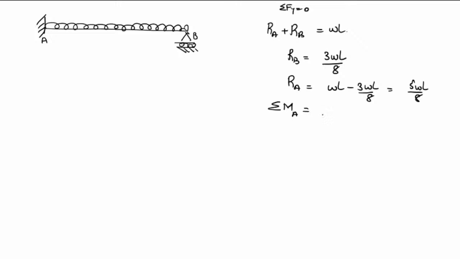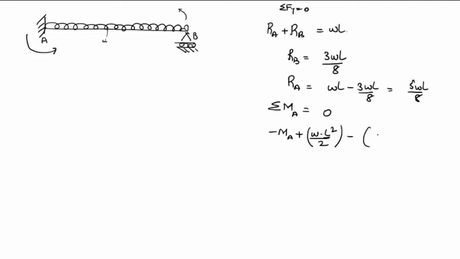Moments about A: there is a fixing moment, that is minus MA, plus W into L by 2, that is WL square by 2, and minus RB. Minus MA is anti-clockwise, the UDL about A acts in clockwise, and RB is also anti-clockwise.